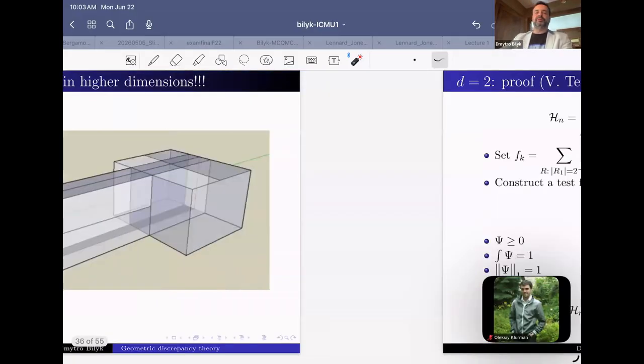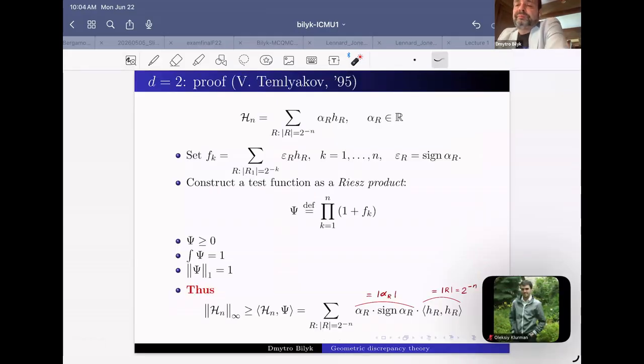But now I'm ready to give you the proof of this small ball inequality in 2 dimensions. So remember, this is the function that we need to estimate with L infinity norm. We will use duality. If we want to use duality, we will use L1.